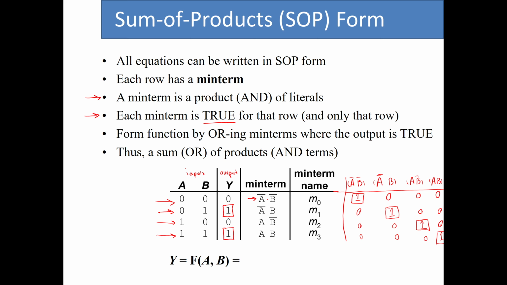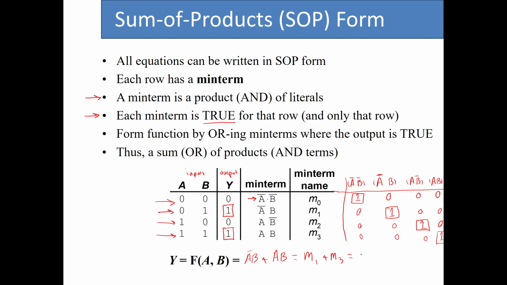Since that is the case, Y is basically the result of ORing the minterm associated with the second row and the minterm associated with the fourth row. So we have Y equal to A bar B plus A B. Or if you want to use the minterm names, it's going to be M1 plus M3.